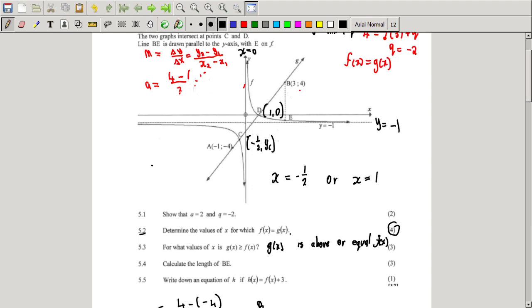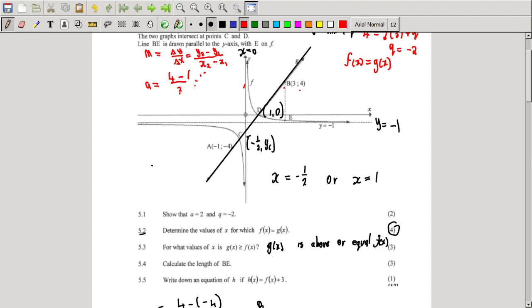So let's go check where g is. Here's our g. We are concerned with g, the man of the match is g. We are looking for where g is above f of x.